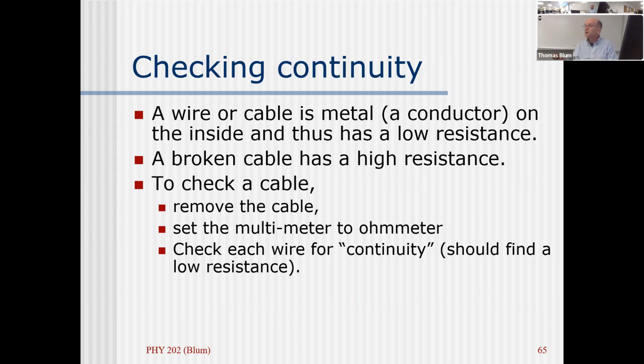When we're measuring connectivity, we're measuring resistance. When we measure resistance, we take it out of the circuit. So if we want to see if a connection is good, take the connection out of what it's connecting to and connect it to our multimeter set up as an ohm meter, and we should see a small resistance.